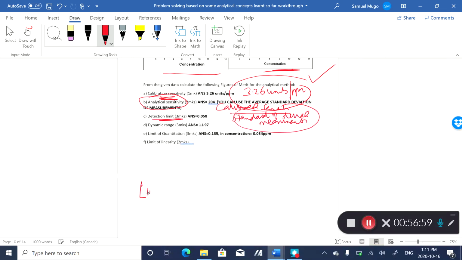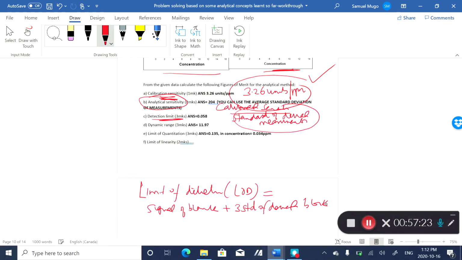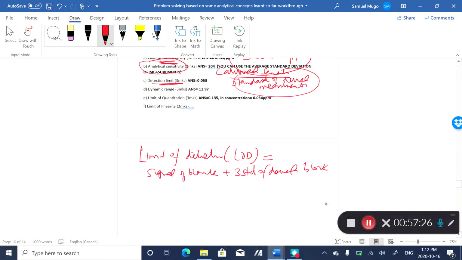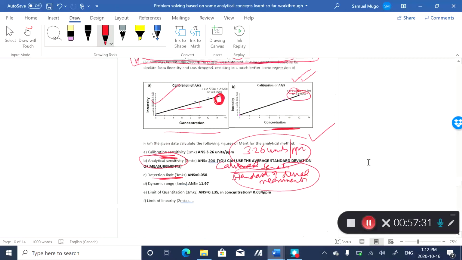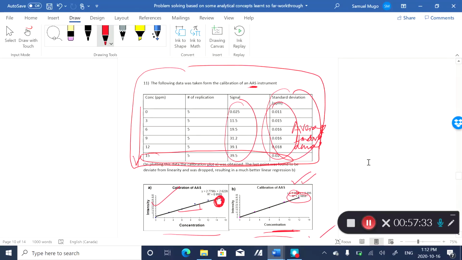So the limit of detection, if you check the notes, LOD, remember we said, is equal to the signal of blank plus 3 times standard deviation of blank. Okay, and this one is a limit of detection in signal form. So you can see the signal of the blank, it's right there.